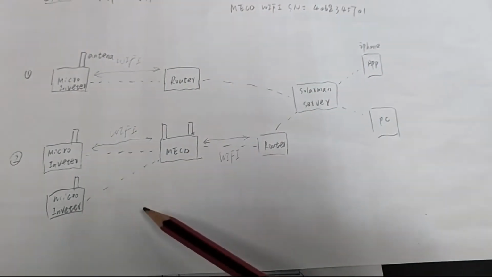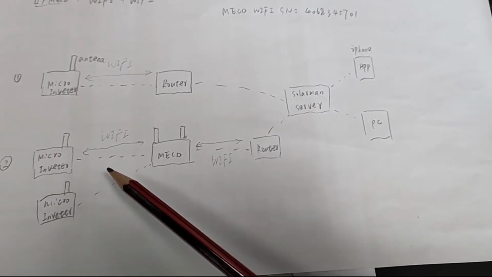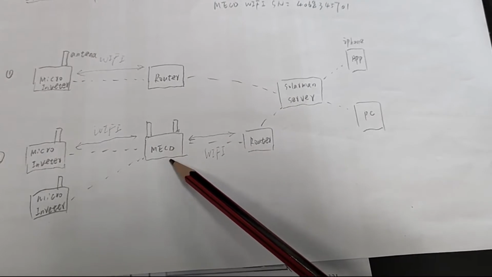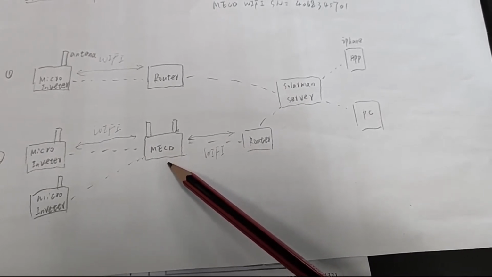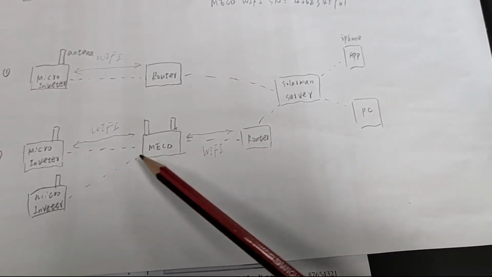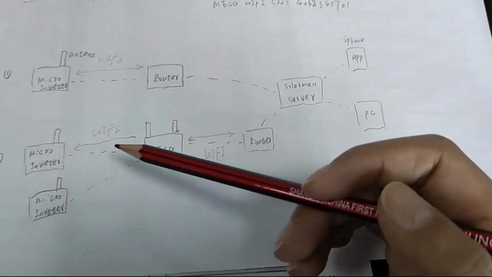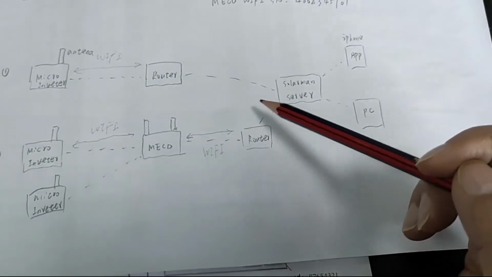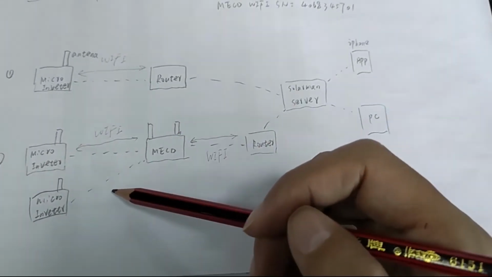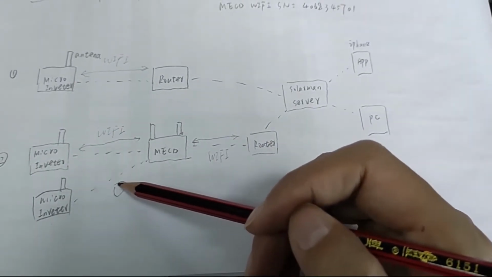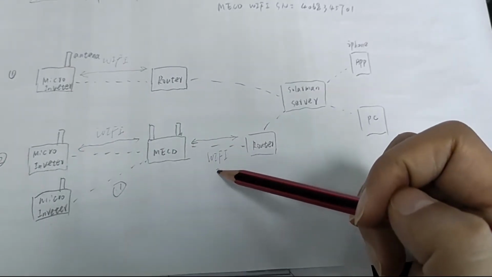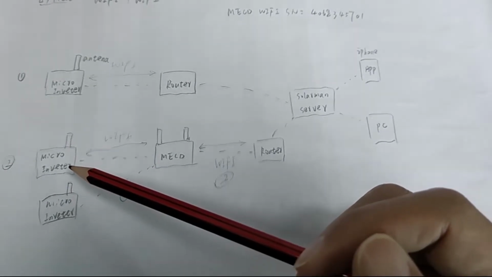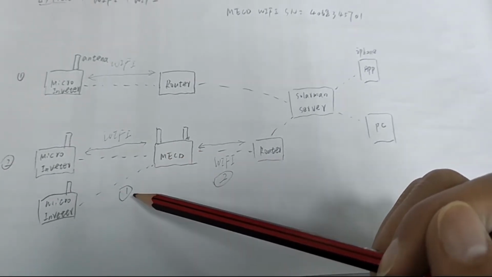In this situation, if you choose the Wi-Fi type microinverter with the new generation MECD, it will be much easier. Actually, there are two stages. The first step, you need to configure the microinverter to communicate with the MECD.